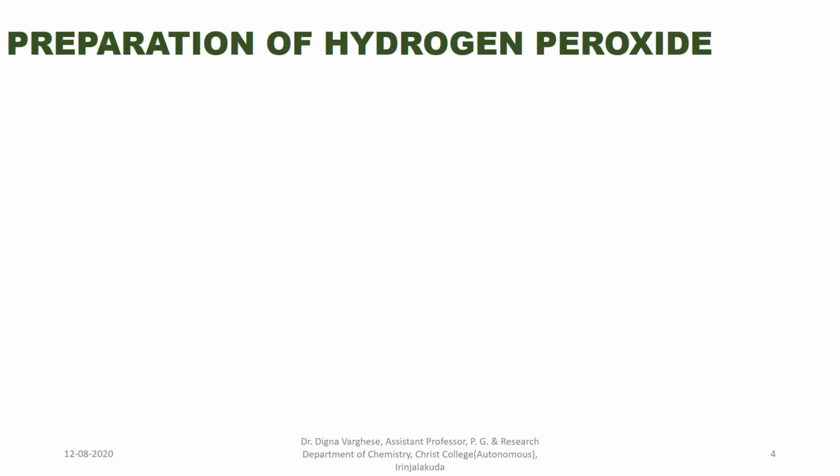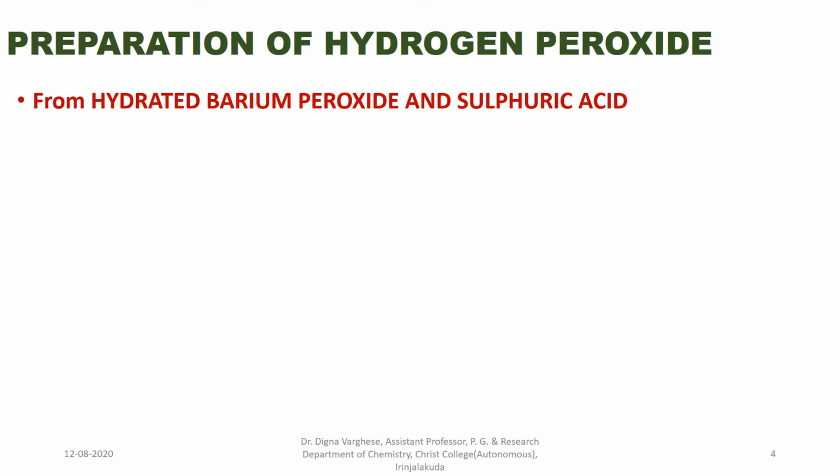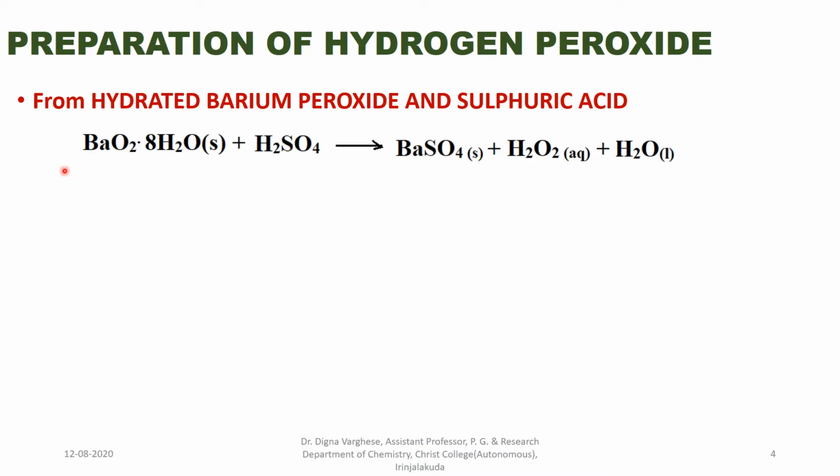Preparation of hydrogen peroxide. From hydrated barium peroxide and sulfuric acid. Hydrogen peroxide is prepared by adding an ice-cold aqueous paste of hydrated barium peroxide, BaO2·8H2O, in its solid form, in a thin stream to ice-cold dilute sulfuric acid.